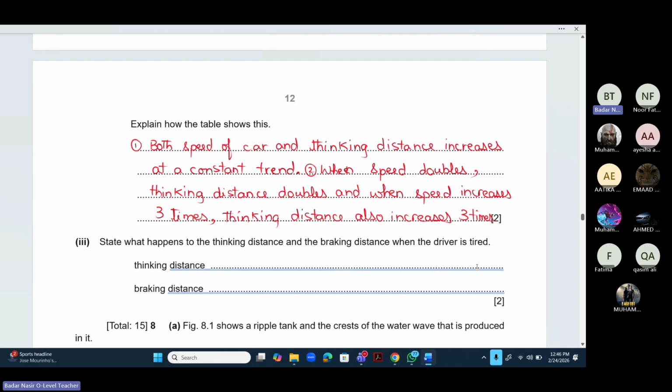अगर ड्राइवर टायर्ड होगा तो उसको सोचने में ज्यादा टाइम लगेगा, सो थिंकिंग डिस्टेंस विल इंक्रीज। Okay, what happens to the braking distance?